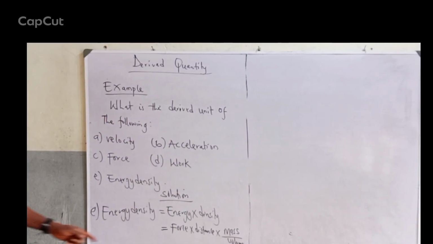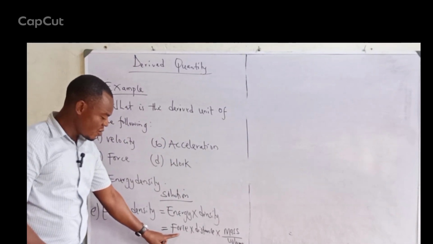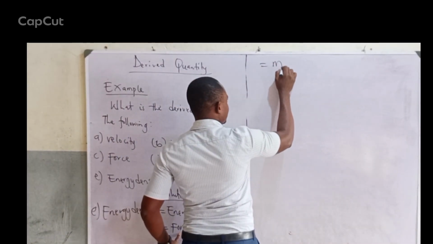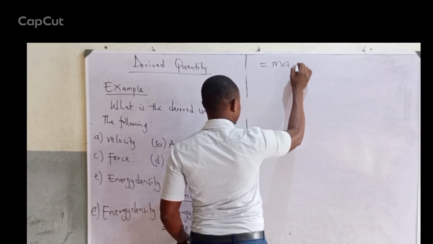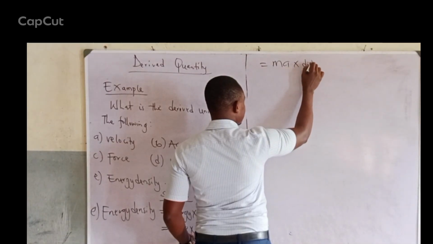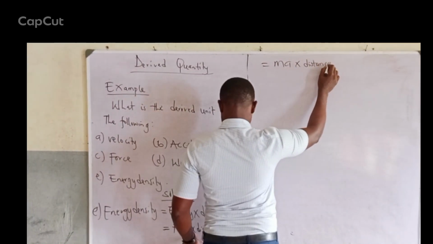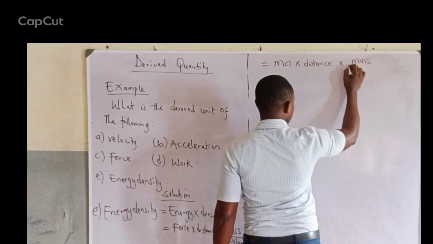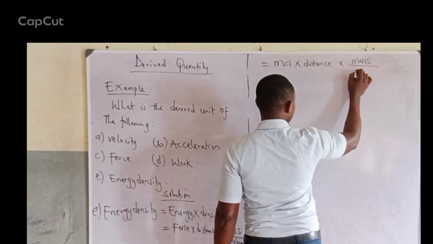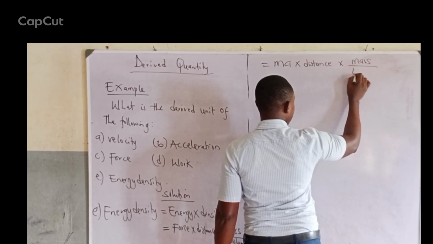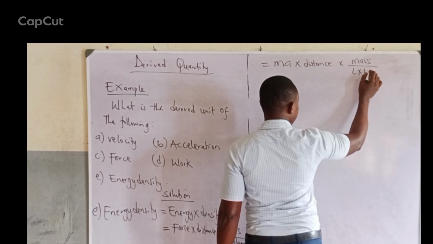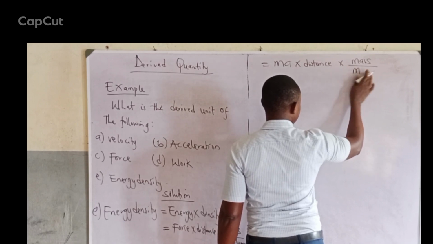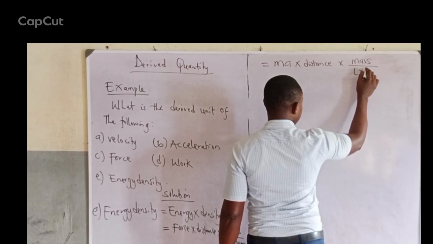Now we find the derived unit of force. Force is mass times acceleration times distance, times mass over volume, which is length times breadth times height.